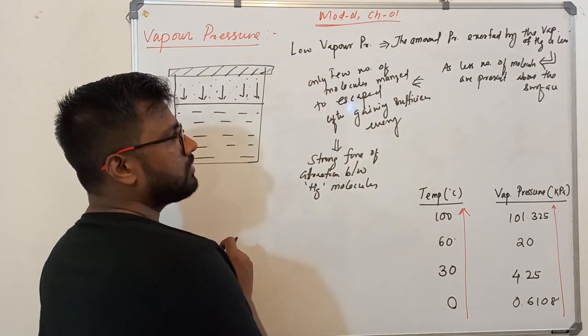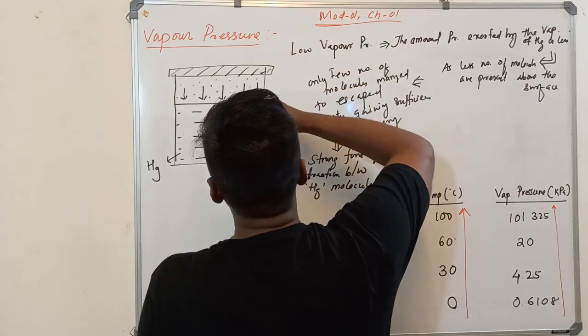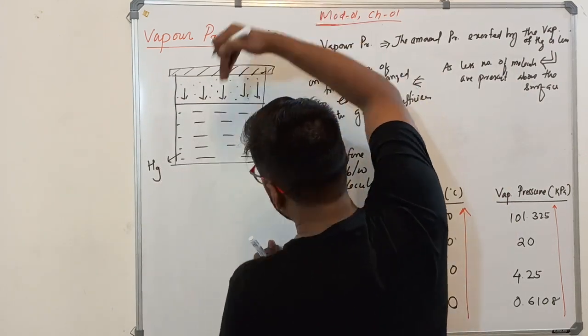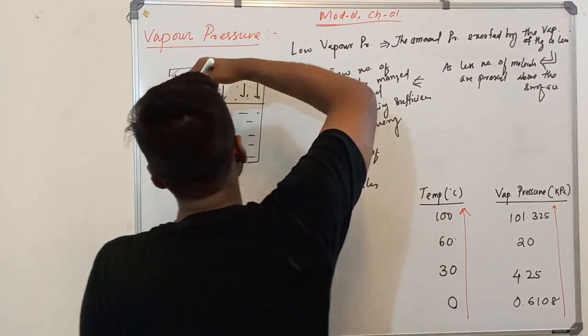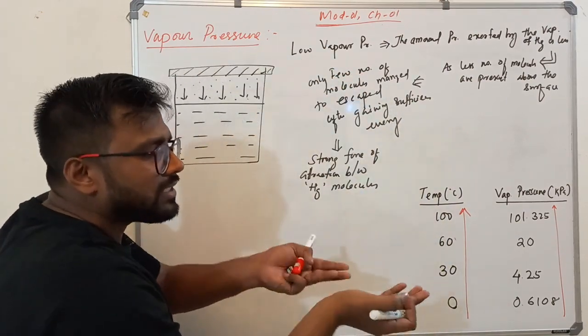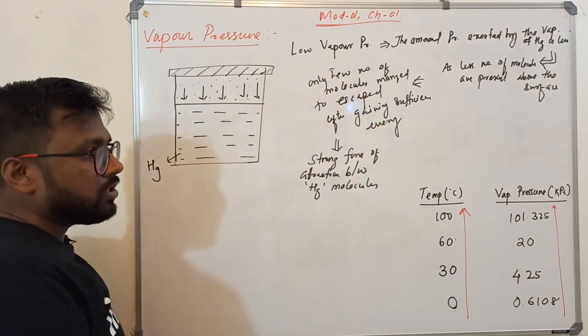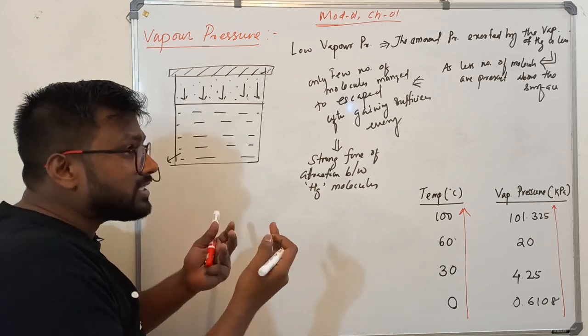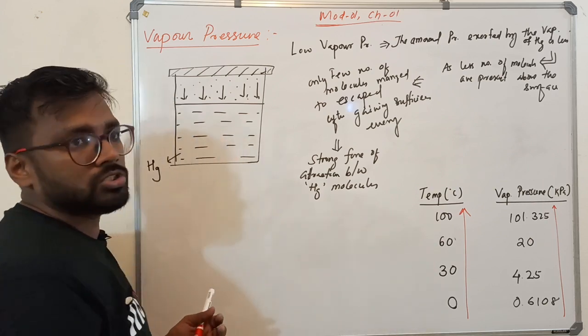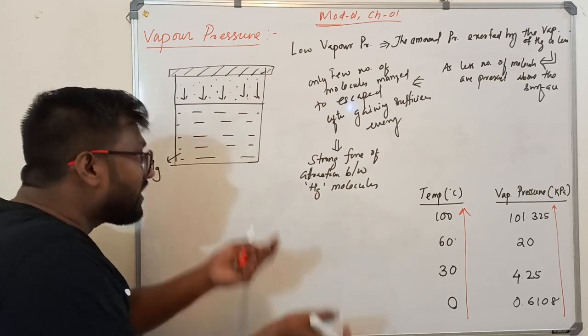Because few molecules manage to escape, fewer molecules are present above the surface, hence the pressure exerted by them is less. Less the molecules, less the vapor pressure. More the molecules, more the vapor pressure.